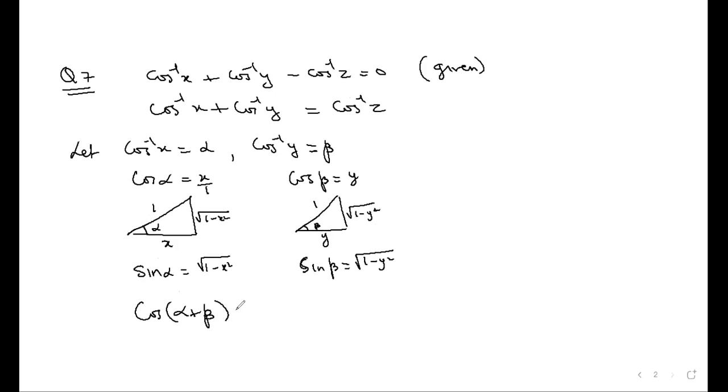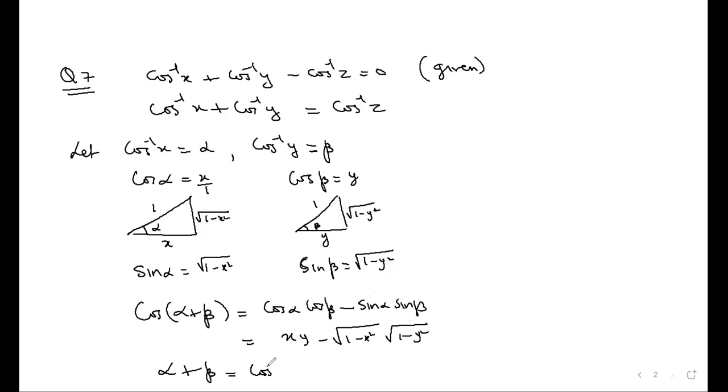because you want the answer to be in cos. So cos alpha cos beta minus sin alpha sin beta. So this became x into y minus root of 1 minus x square into root of 1 minus y square. So alpha plus beta became cos inverse of xy minus root 1 minus x square into root 1 minus y square.